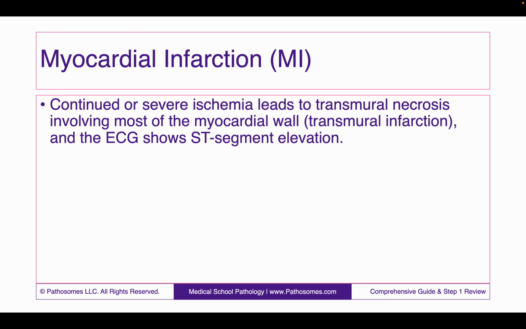Continued or severe ischemia leads to transmural necrosis, involving most of the myocardial wall. So this is a full-on transmural infarction. And the ECG shows ST segment elevation.